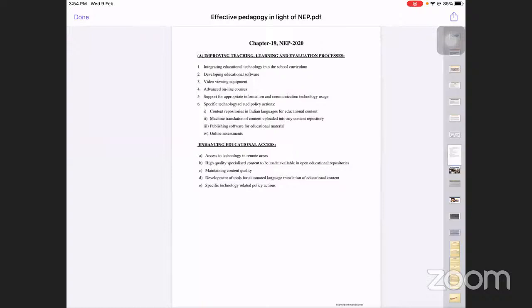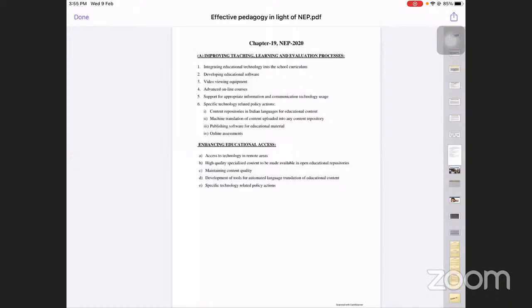So integrating educational technology into the school curriculum, this recommends developing educational software, video viewing equipment, advanced online courses. Advanced online courses give credit to the students in jobs also, because online courses give an opportunity to the students who are unable to attend educational institutions on a regular basis.